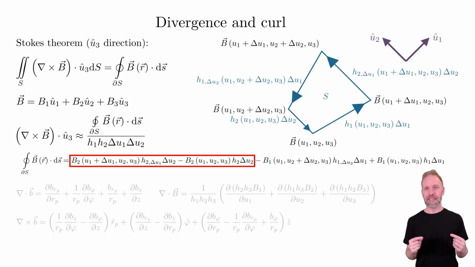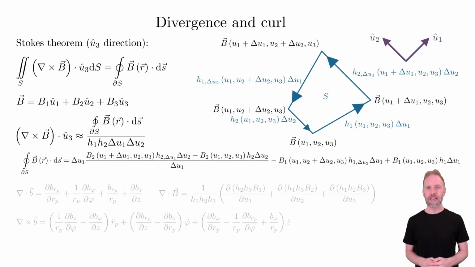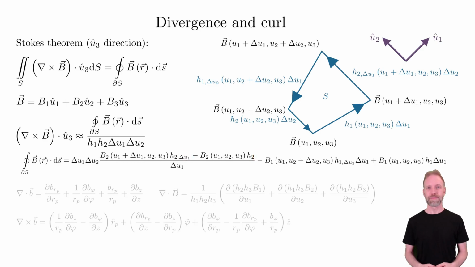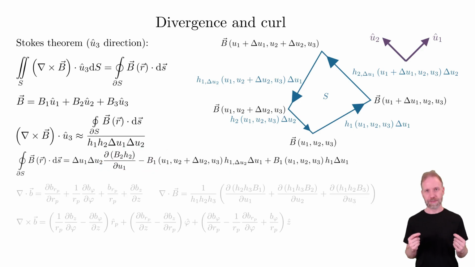Multiply and divide by delta u1. Place delta u2 in front of the fraction. This can be identified as the partial derivative with respect to u1. Note that the derivative includes both b and h.